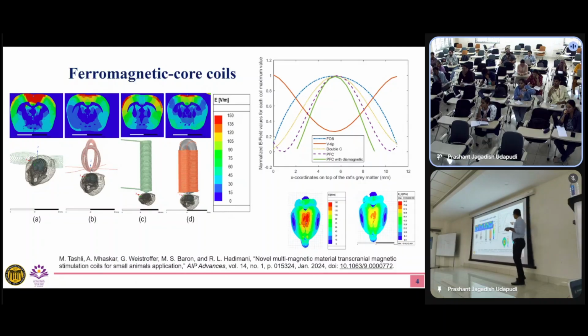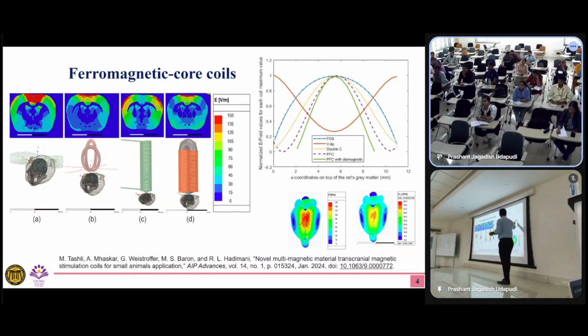Okay, so here we show if we use a complex coil like this with a diamagnetic plate, you get the more focused stimulation compared to no diamagnetic shield, or compared to the double C coil like this. Double C is the yellow one, whereas the blue is a commercial coil where there is no ferromagnetic core.